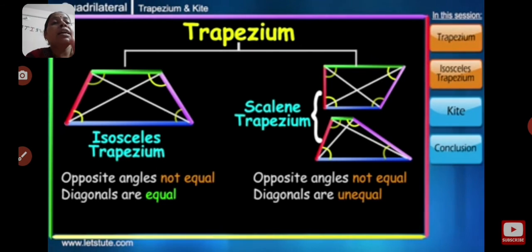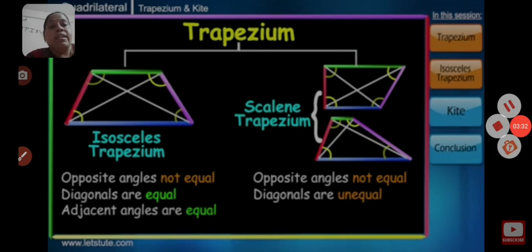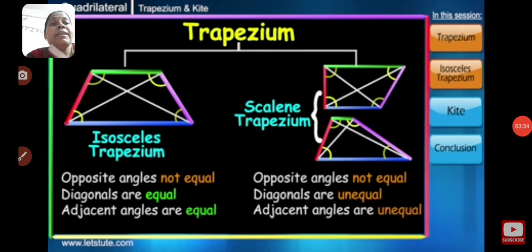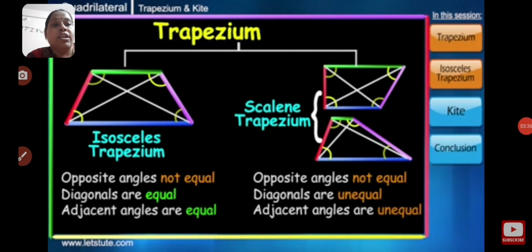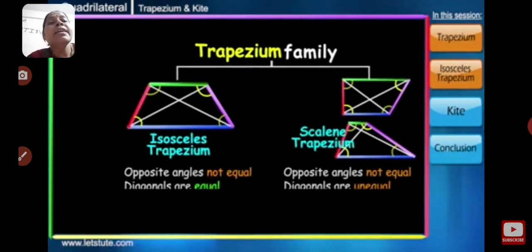Understand? Now, adjacent angles are equal in isosceles trapezium and adjacent angles are unequal in scalene trapezium. Okay, it is called the trapezium family.